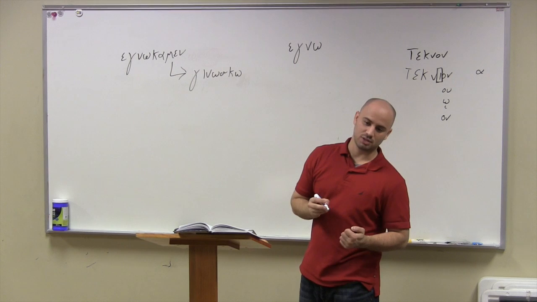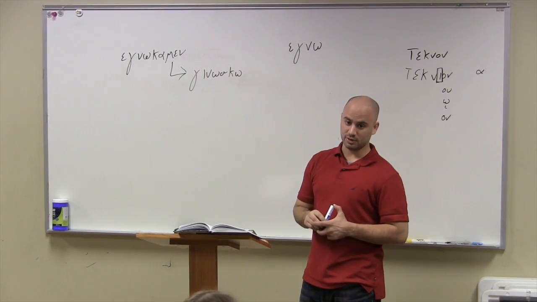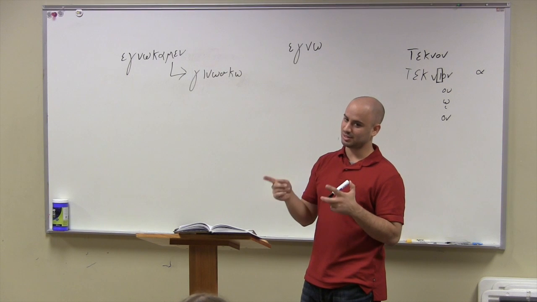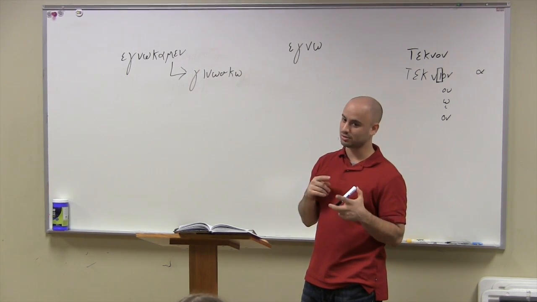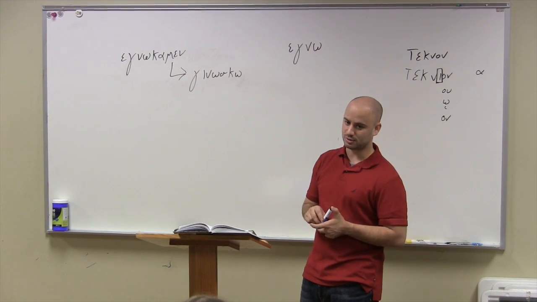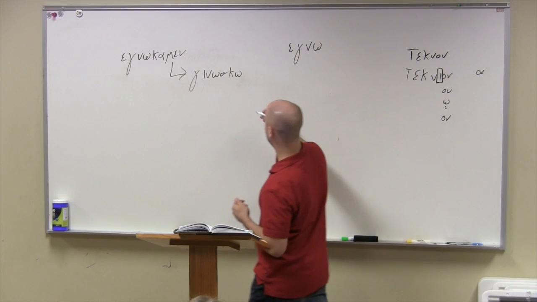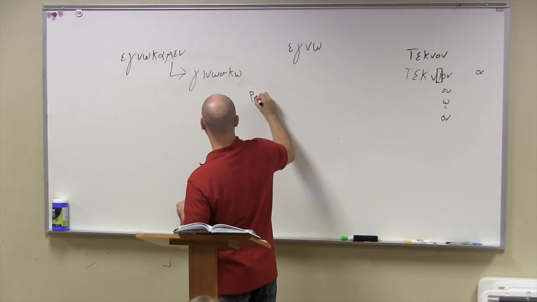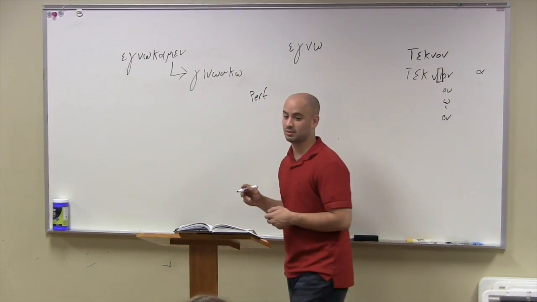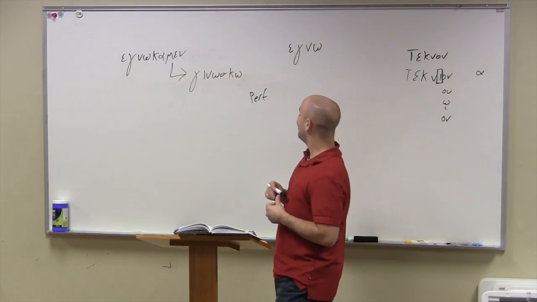And the kappa tells us that it's the aorist. I mean the perfect. And sometimes the kappa and the sigma signify either an aorist or a perfect, and it gets a little bit jumbled up with certain words. So yeah, this is a perfect. It is a perfect, and I am so sorry about that. I keep on repeating, I'm not on my game this evening, and I'm not sure why.